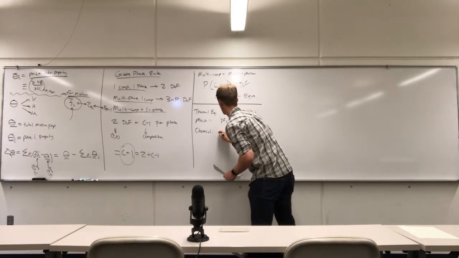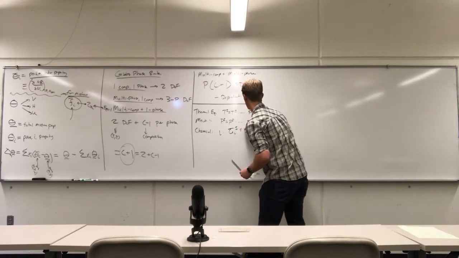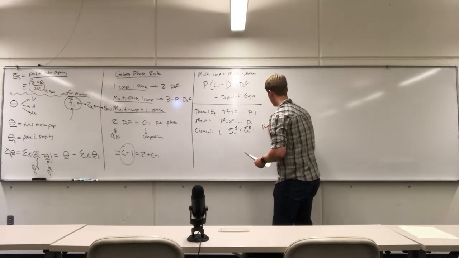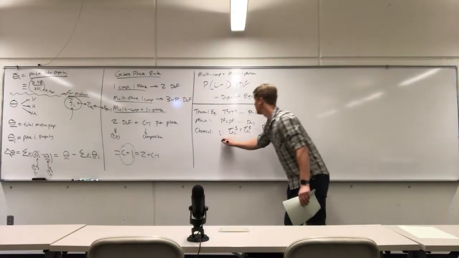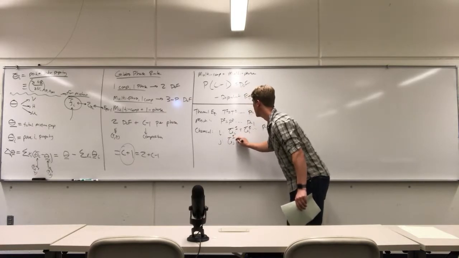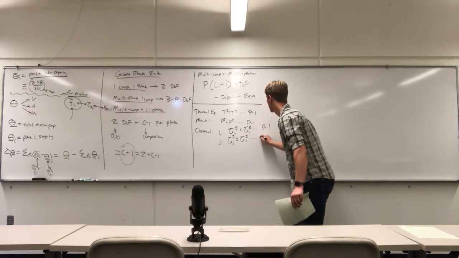In this case, for component i, we have the partial Gibbs of phase 1 is equal to the partial Gibbs of phase 2. So we have this for each number of phases minus 1. For component j, we have the partial Gibbs of species j is equivalent across all of the phases.